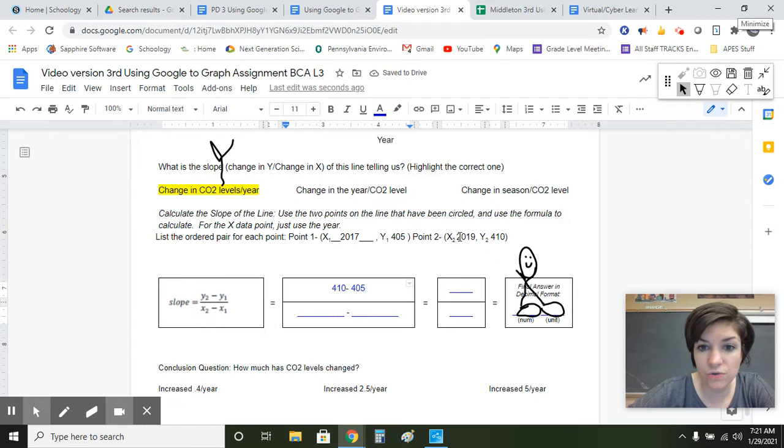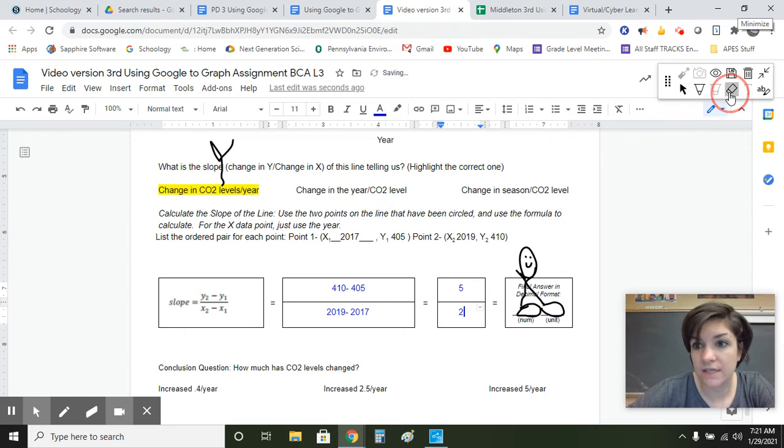My X2, 2019. And then my X1 is 2017. So you pop that in. We do that math, 410 minus 405. That's going to be 5. And then 2019 minus 2017 is 2 years.